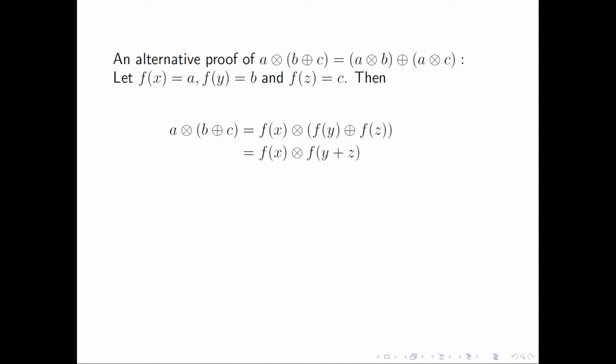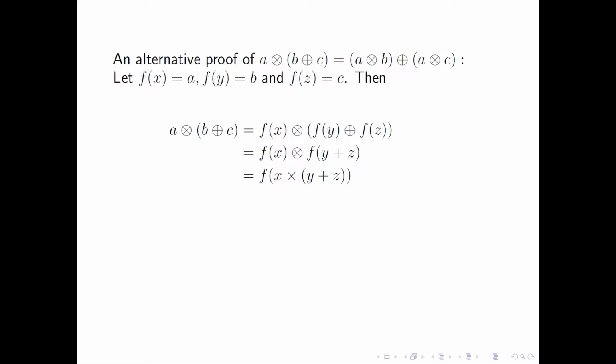Then, because f is an isomorphism, it carries the operation from plus to circled plus, so f of y circled plus f of z equals f of y plus z. Again, f is an isomorphism from multiplication to circled multiplication.